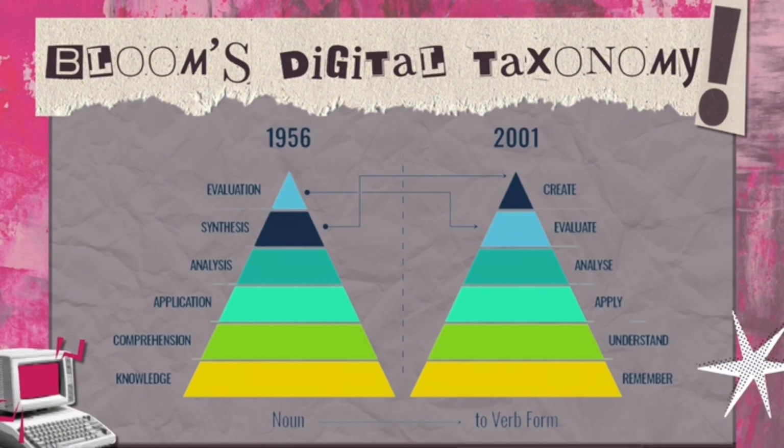Knowledge was replaced with remember, analysis was changed to analyze, and so on. They also reordered the last 2 steps. Evaluation, which was previously at the top, was moved down, and creating, formerly synthesis, was moved to the top.